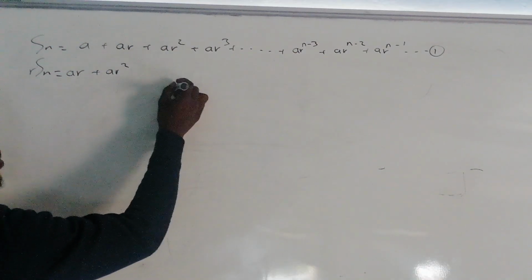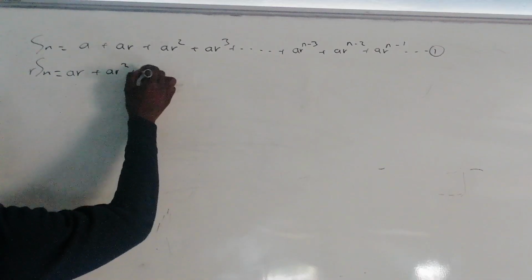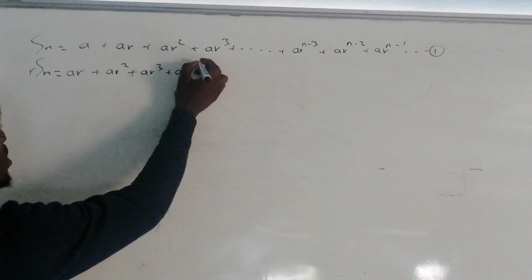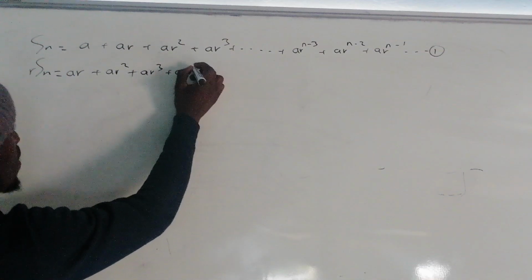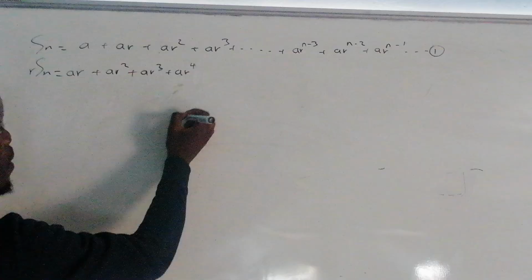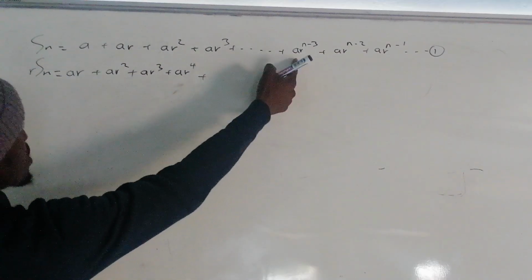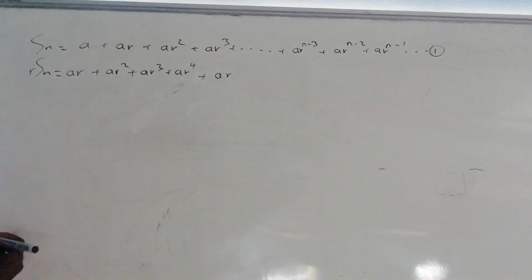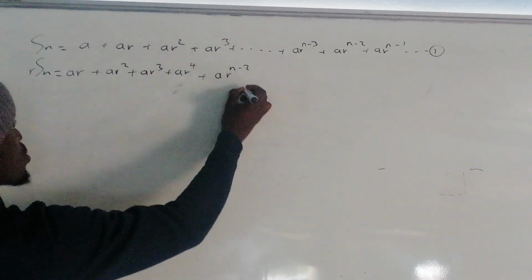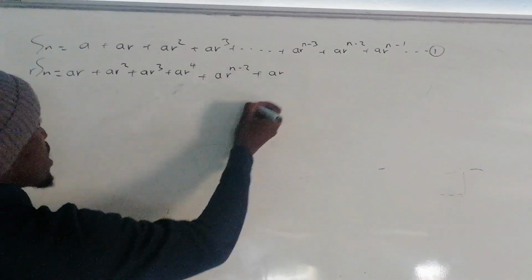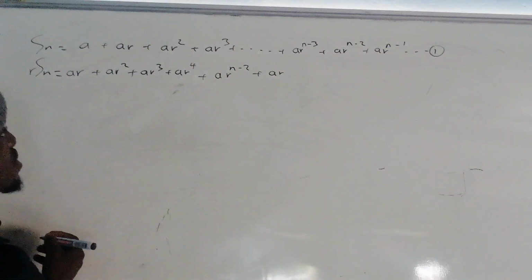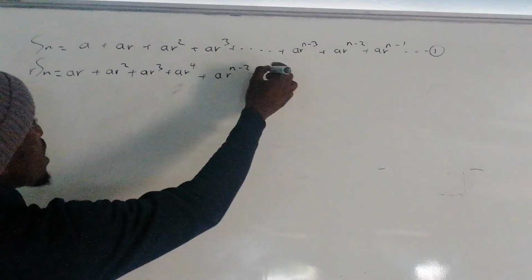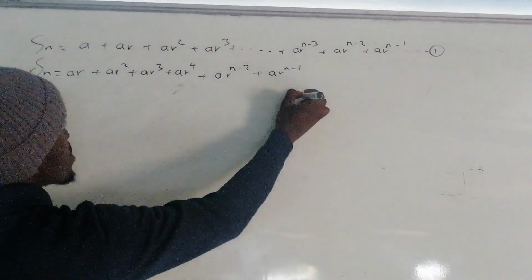You multiply this with an r, it will be ar cubed. Then this, ar to the power 4, plus, you multiply this with an r, it will be ar to the power n minus 3 plus 1, ar to the power n minus 2, ar to the power n minus 1.